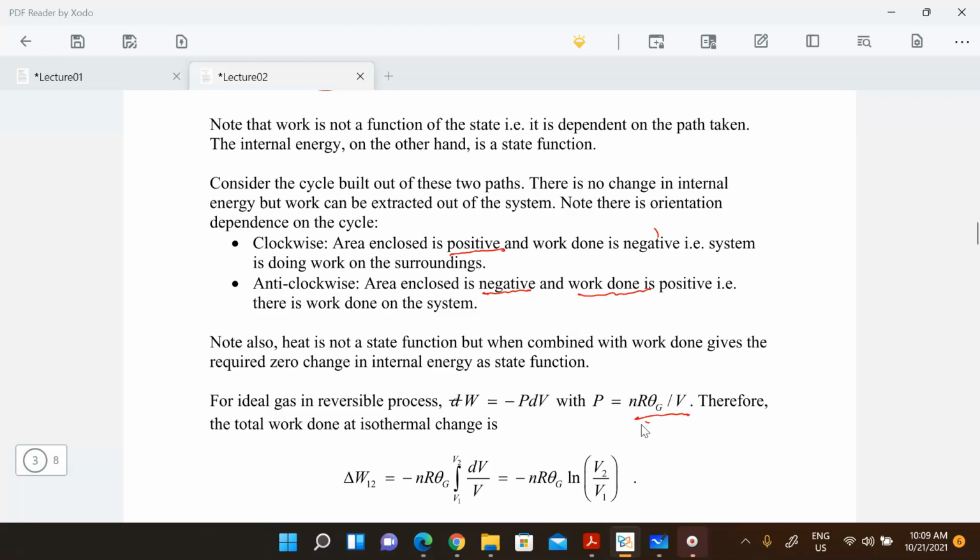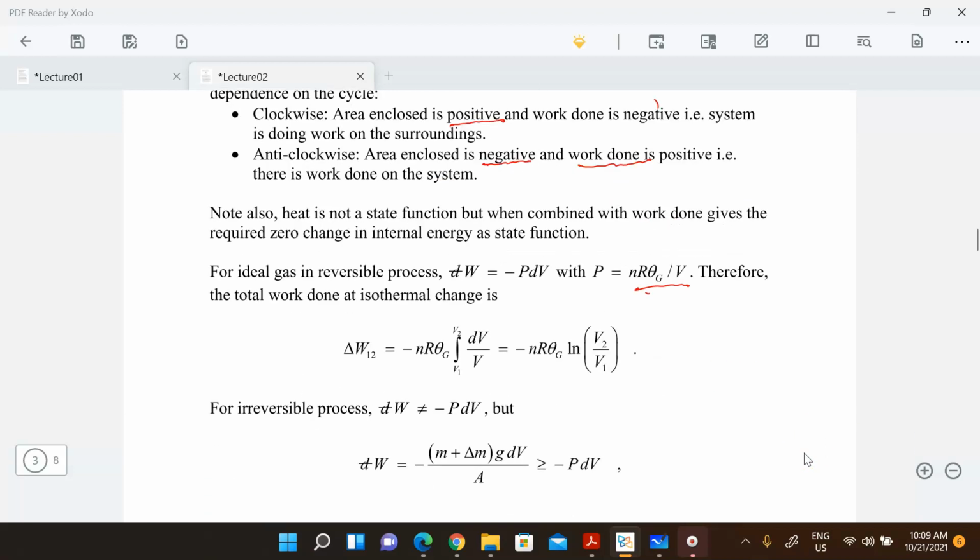So that gives you this log kind of function. But for an irreversible process, it's going to be a bit more complicated, because then your dW will not equal minus pdV, but instead your dW is greater than minus pdV.